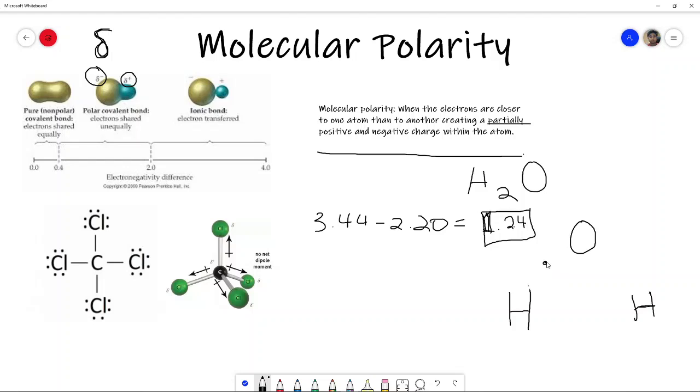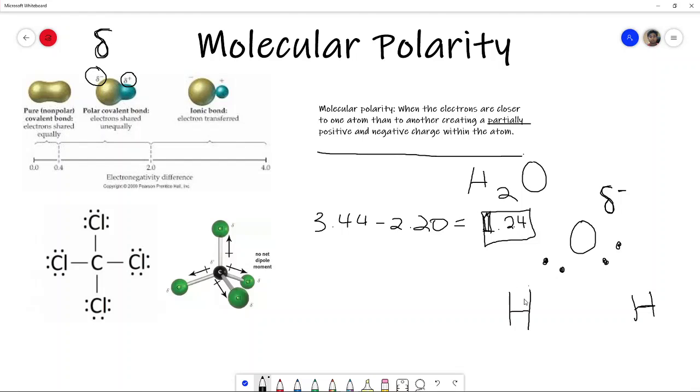So the electrons that are being shared are going to be closer to the oxygen atom than they are to the hydrogen atom. And this creates the partial charge that we talked about. So the oxygen is going to have a partial negative charge because the electrons are closer to the oxygen. And since electrons have a negative charge, it's going to add to oxygen's net charge of 0, making it negative. So we have a sigma minus charge.